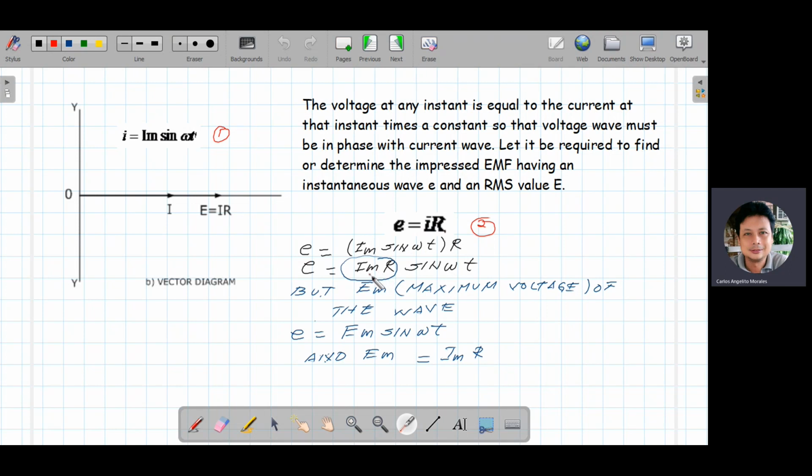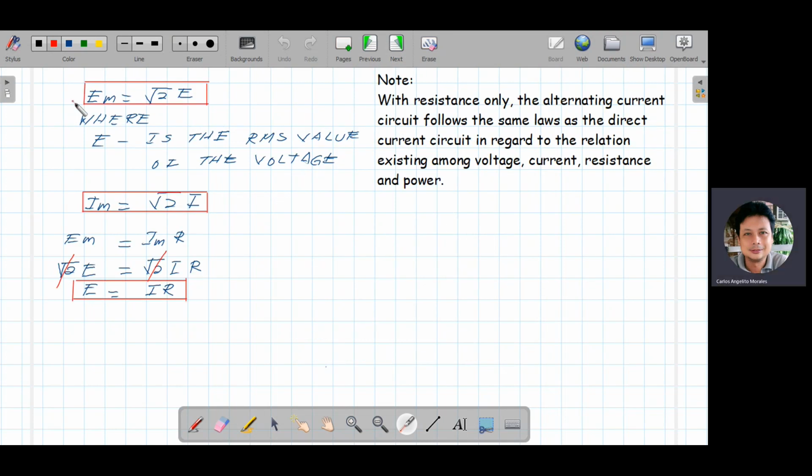So mapapansin mo, pag minultiply mo ito, IMR sine omega t. But E maximum is the maximum voltage of the wave, no? So therefore, e is equal to E maximum sine omega t. And E maximum is the current maximum times the resistance.